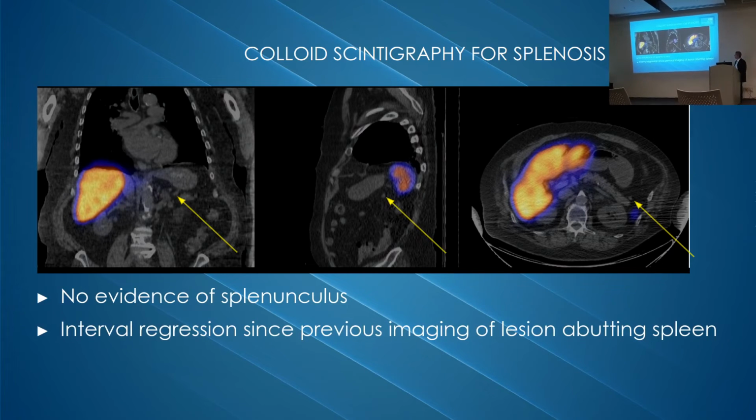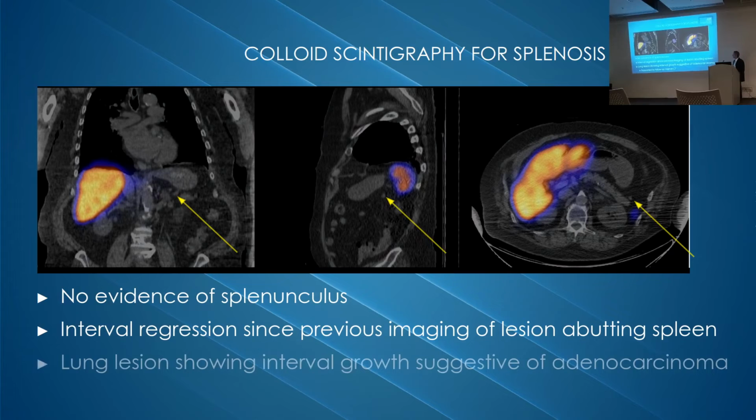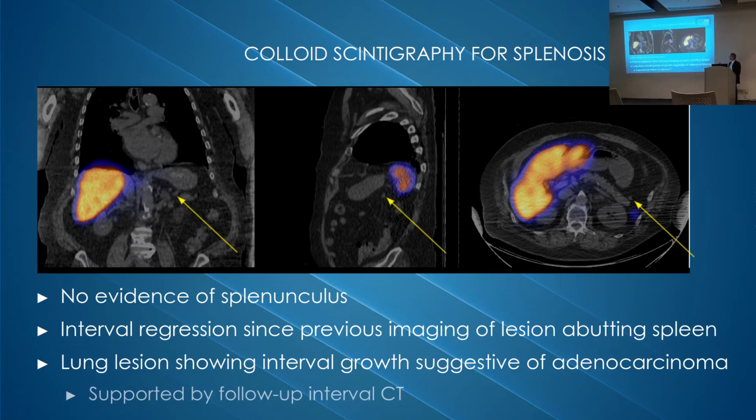This lesion is really small, actually even smaller than on the original CT the patient had. But elsewhere on the image that I haven't demonstrated is a lesion that's actually grown since the last CT. So the diagnosis is probably adenocarcinoma spectrum. And this is backed up further by interval CT scanning a few months later.